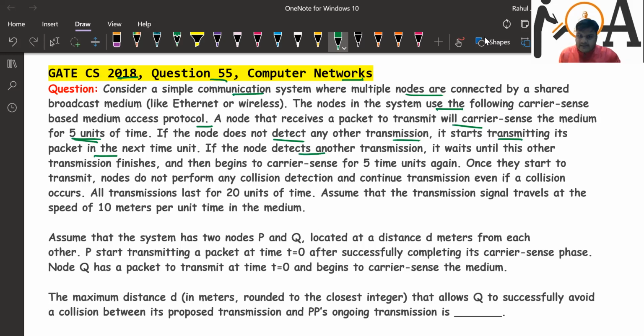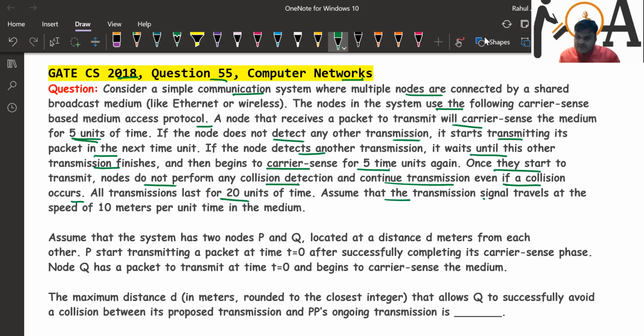If the node detects another transmission, it waits until this other transmission finishes and then begins to carrier sense for 5 time units again. Once they start to transmit, nodes do not perform any collision detection and continue transmission even if a collision occurs. All transmissions last for 20 units of time.